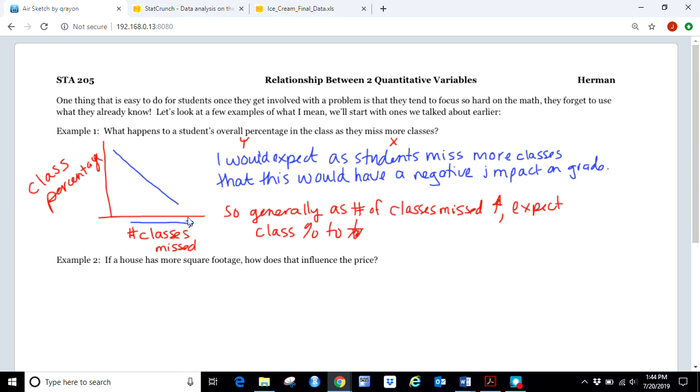So before I even look at this data, I'm already going to expect to see this negative pattern between my x and y. So this already gives me then an idea of what to expect before I dive further into the problem. I'm expecting to see now a negative relationship on my scatter plot. I'm expecting a negative value for slope as I start moving further and further ahead in this module.